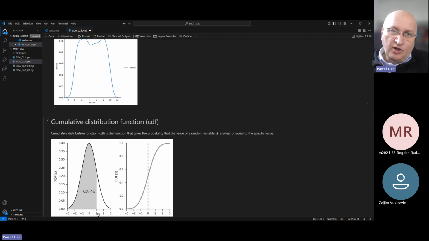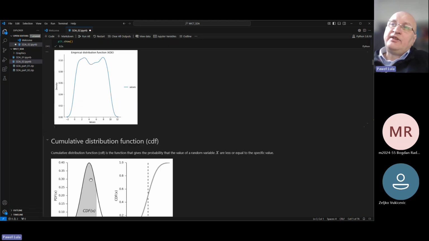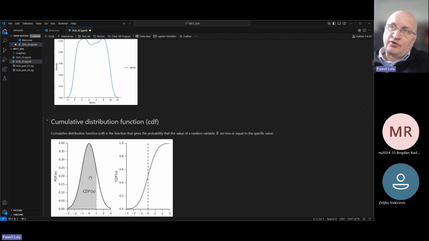That a given value of this variable is from this range, from -infinity to 1. This probability is equal to this area under this curve, which is presented here using this gray color. So it is a theoretical distribution.